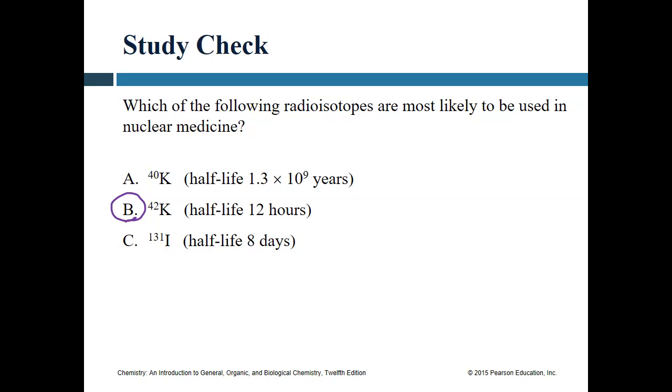Yeah, 8 days isn't that long. And depending upon what it is, what kind of stuff it emits, how much you're putting in your body in the first place. So C is a reasonable one as well. And actually C is used.